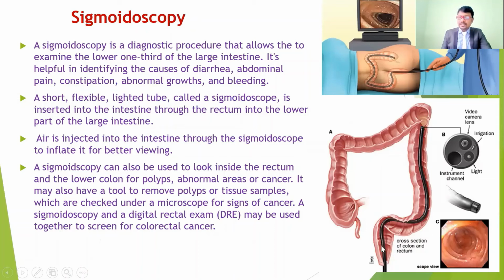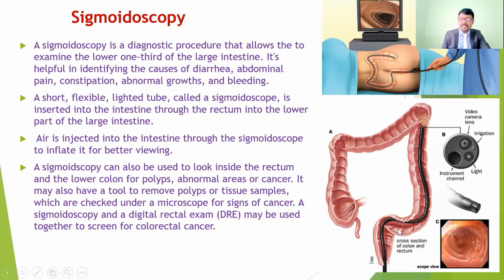If you see the anus, rectum, and sigmoid colon, any abnormality such as cancers or obstructions, any previous infections, severe diarrhea, abdominal pain, causative factors of constipation, any abnormal growth, or any bleeding inside the sigmoid colon, anus, and rectum, we are going to identify with this special diagnostic procedure called sigmoidoscopy.